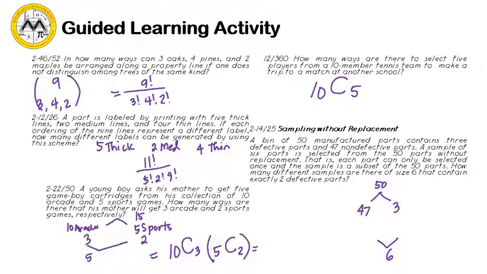If each part can only be selected once and the sample is a subset of 50, how many different samples are there of size 6 that contain 2 defective parts? So from the 3 defective parts, we're going to select 2, and since we need 6, 6 minus 2 is 4. So that would be 47 combination 4 times 3 combination 2.